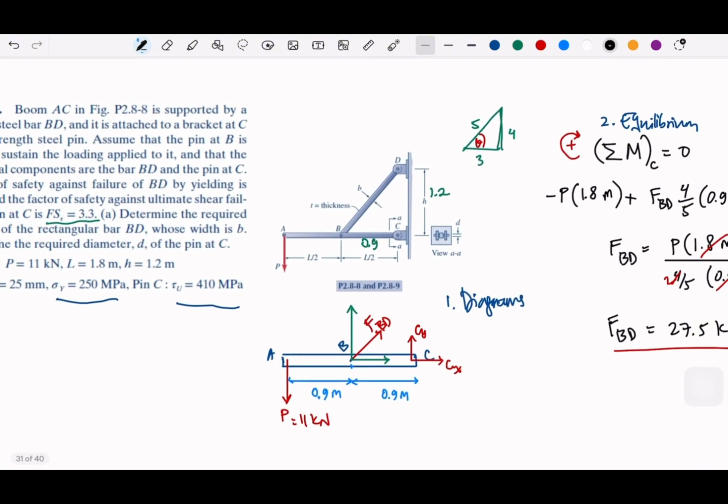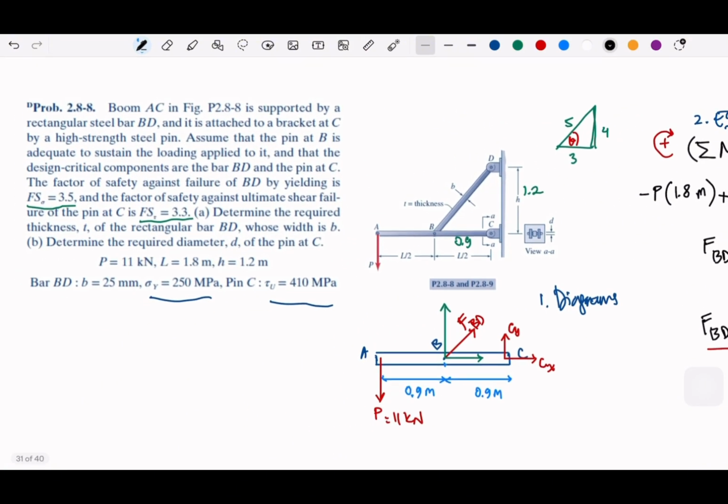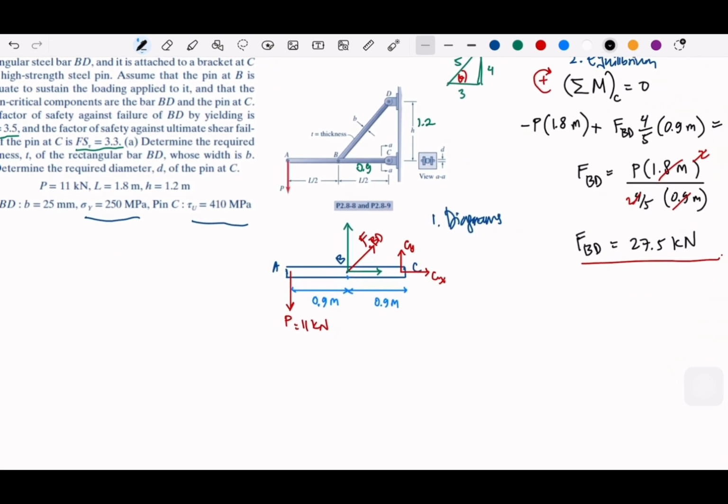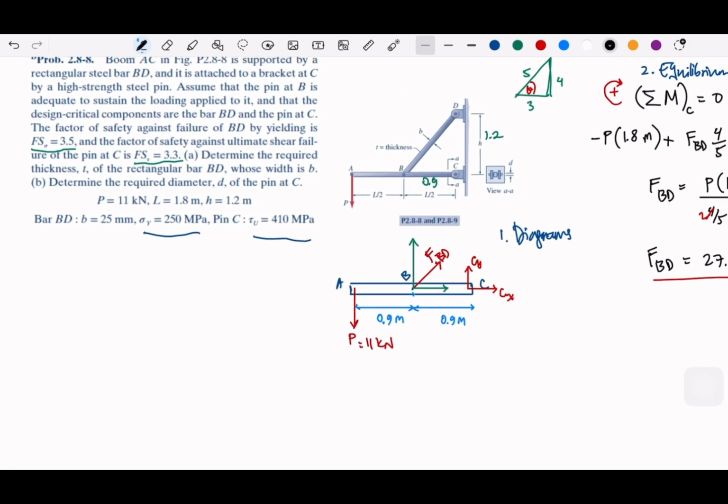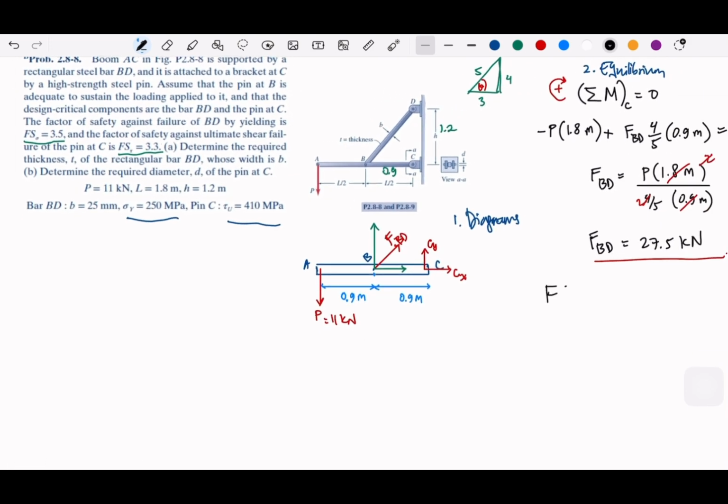Now, because the required question is only for BD, we can shift to FBD. We can use the factor of safety, or safety factor, which is 3.5.